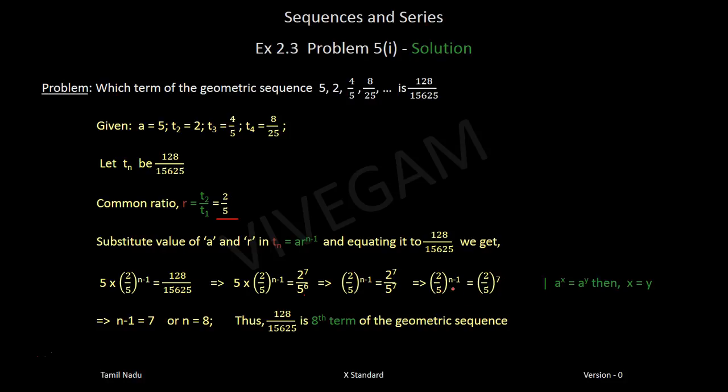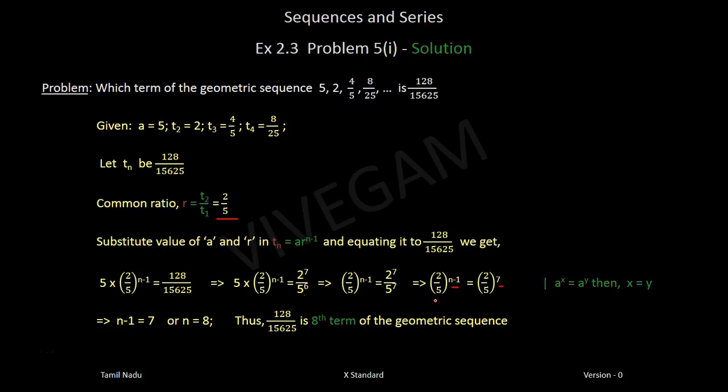So now two exponents are equal. Their base, which is 2/5, is equal, which means the power is also equal. A to the power of x equal to a to the power of y: a is the base, x is the power. The bases are equal, a equal to a, which means x is equal to y.